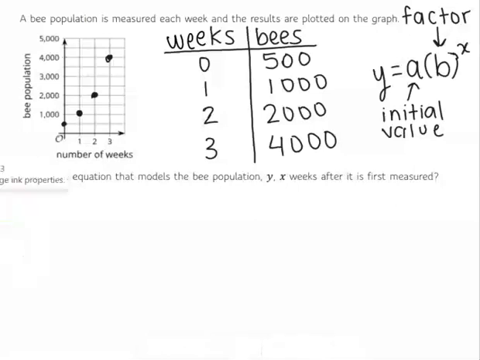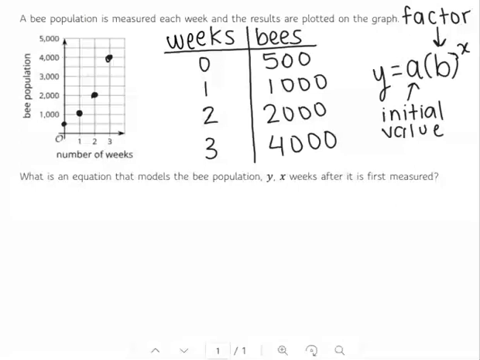Looking at our table, we can see that in week 1 there were 1,000 bees, which is double the number of bees that there were in week 0, right? 1,000 is double 500, or 2 times 500.